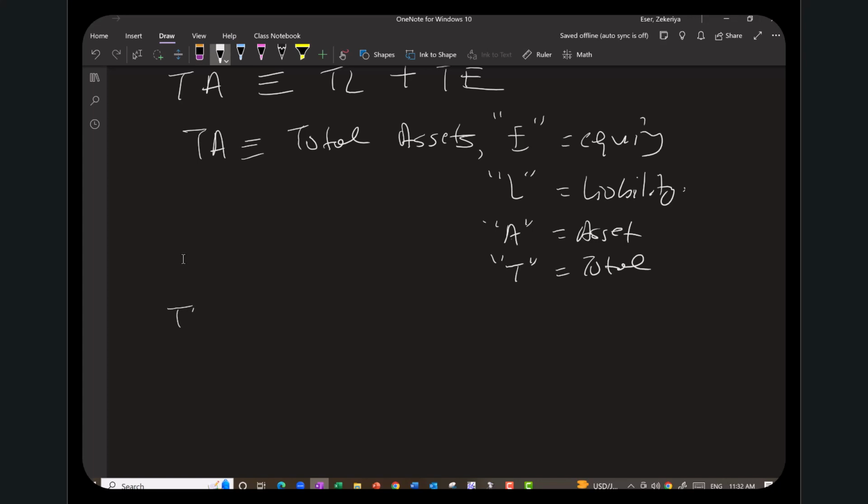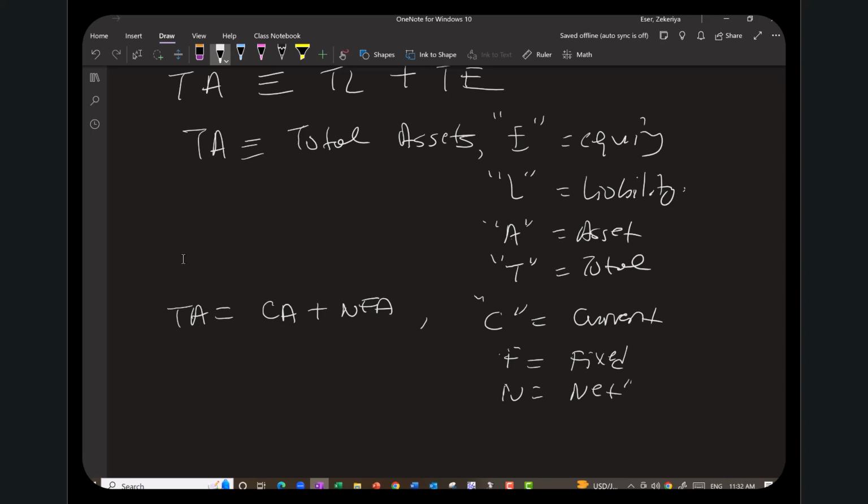Now, you can also write total assets as current assets plus net fixed assets. Here C is current, F is short for fixed, and N is short for net.